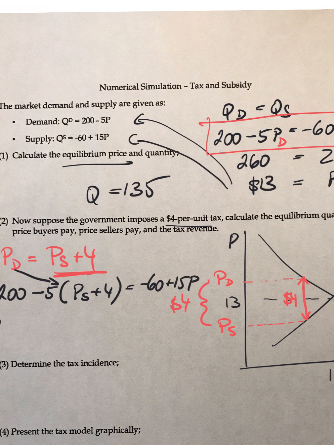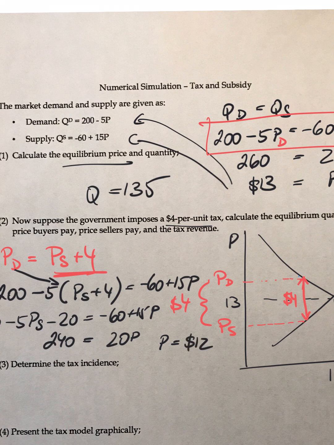I have 200 minus 5PS minus 20 equals negative 60 plus 15p. Moving p's over, I get 20p equals 200 minus 20 is 180 plus 60. Hold on, 200 minus 20 is 180, plus 60 is 240. Divide by 20, price equals $12.